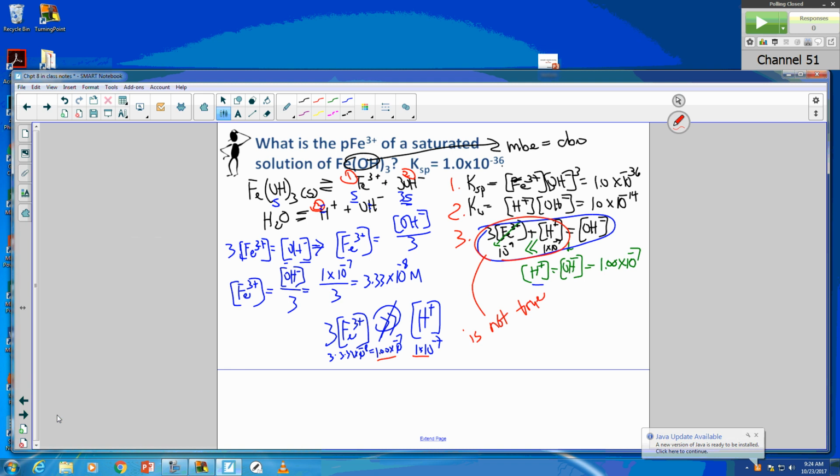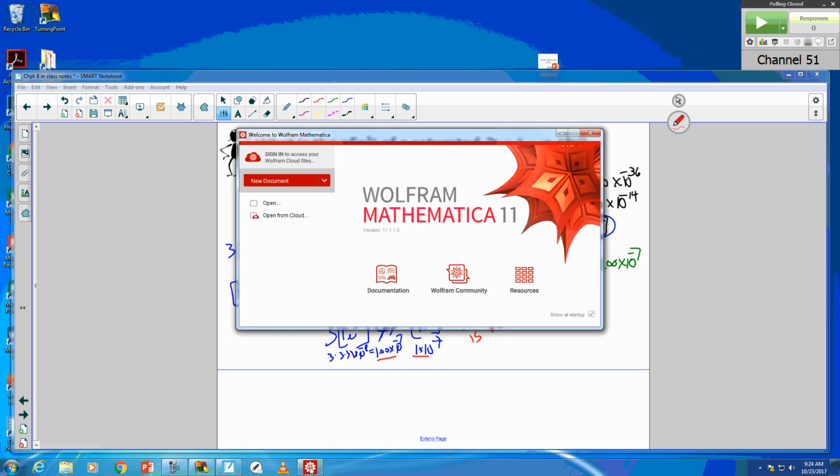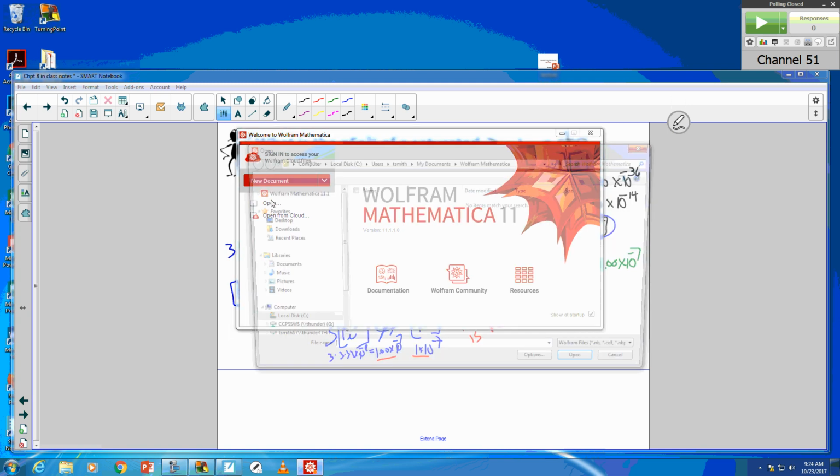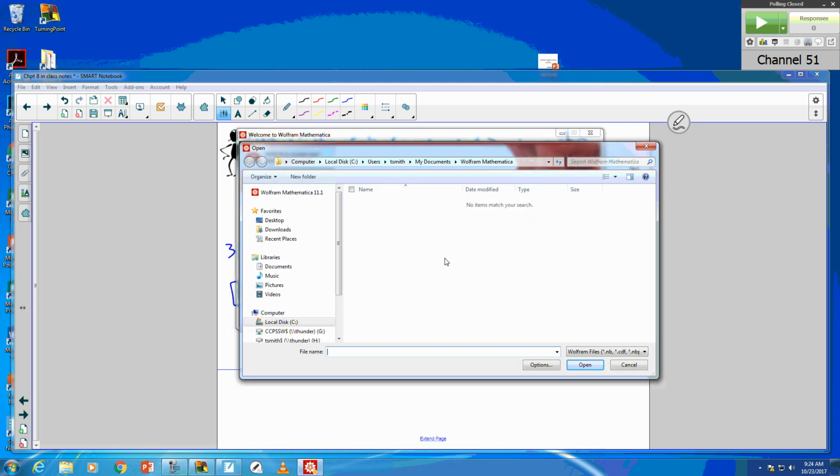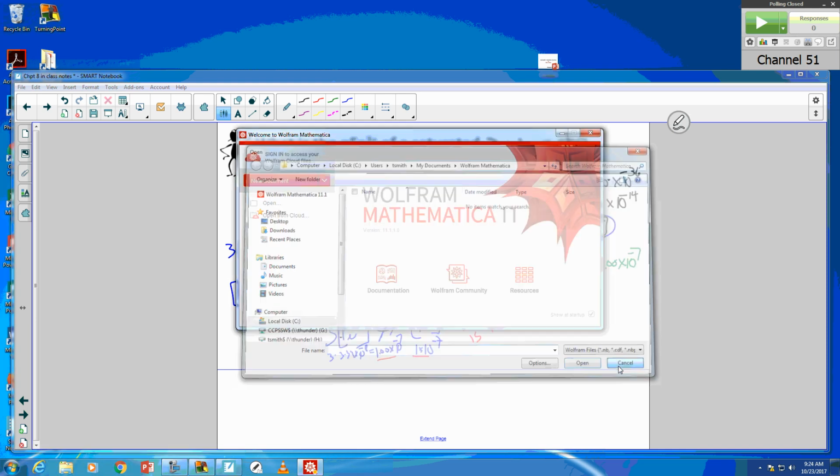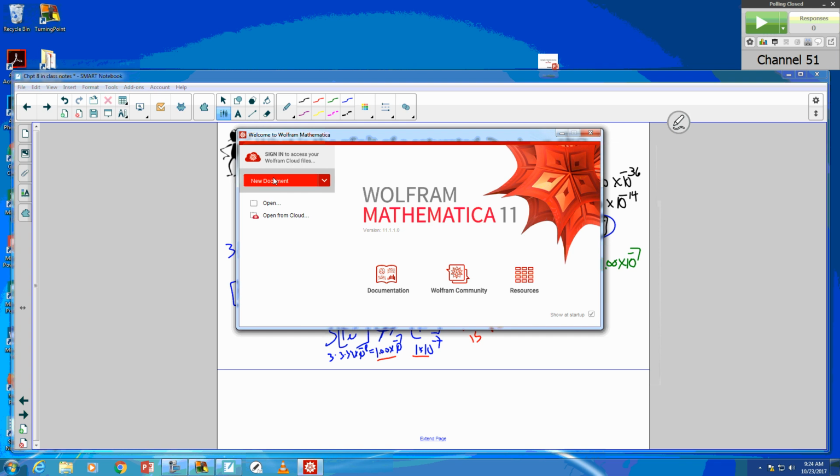Try to blow it up big enough that y'all can see it. On our test, you're just going to have us do approximation. We're going to do the exact solution you'll see in a minute. You can solve these without it. It's not always fun, but you can.